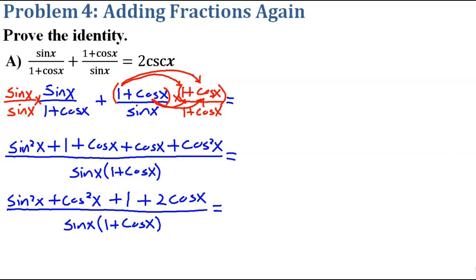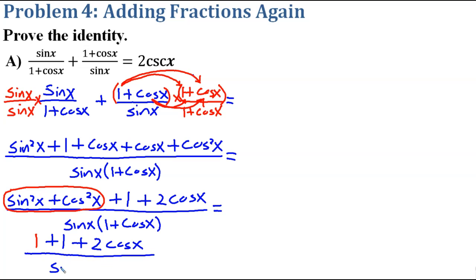The trick for this problem is recognizing we have a Pythagorean identity. Sine squared x plus cosine squared x, that's our original Pythagorean identity. That's just a 1. I'm going to rewrite that in red here. So what I have then is 1 plus my other 1 plus 2 cosine x, all divided by sine x times 1 plus cosine x.